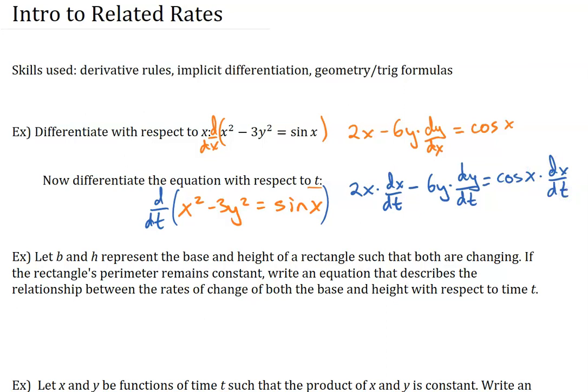Now I'm not solving for any particular derivative. I'm not solving for dy over dt or dx over dt. I'll use this equation with something else, but right now I'm just practicing writing this equation. So I can stop there. But as you see, every variable, the x here, the y here, and the x here, has a d of that letter over dt attached to it.